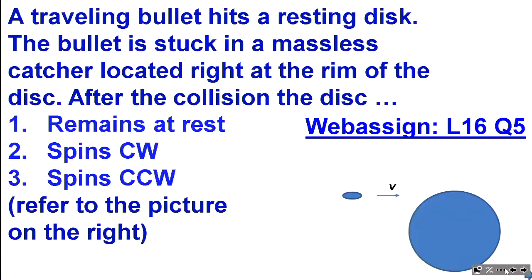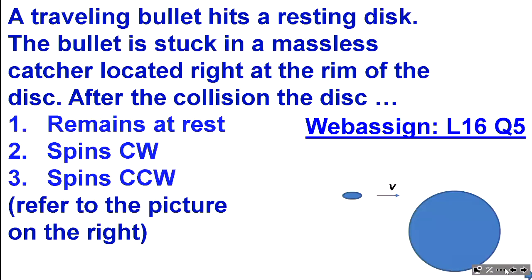Okay, so one more problem on the law of conservation of angular momentum. Well, I don't have a disk, but I have a device which can spin. And initially, it is at rest.